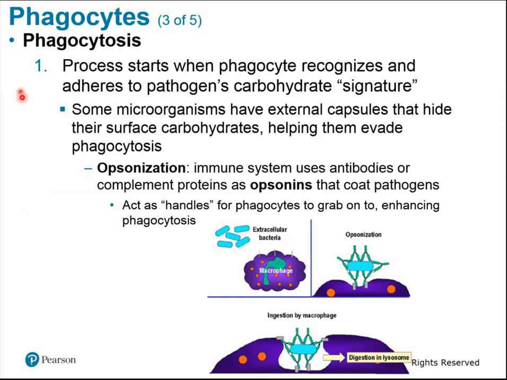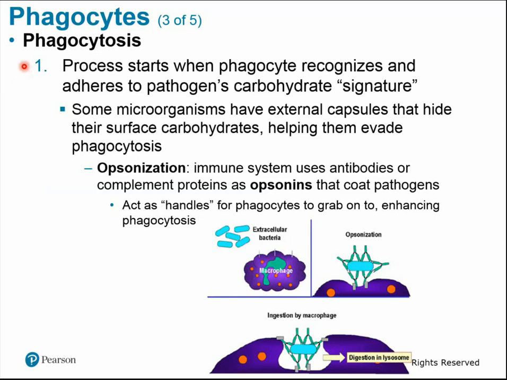So the process of phagocytosis, when one of these eating cells is going to engulf a bacteria or a pathogen, begins when the phagocyte recognizes a pathogen's carbohydrate signature. So kind of that glycocalyx, that sugar coat on the outside of the cell, or certain antigens.